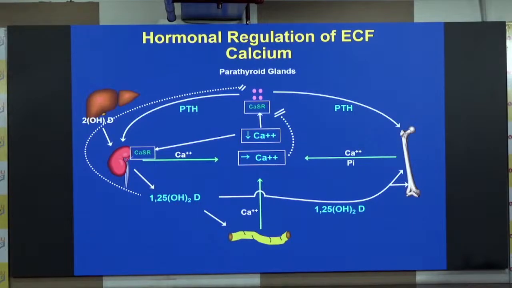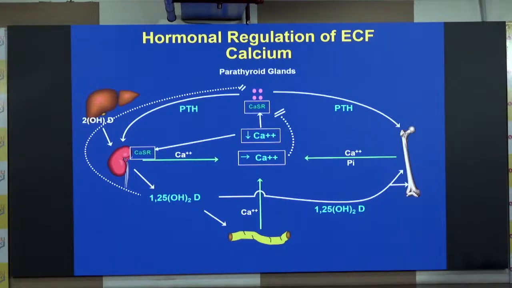In addition, parathyroid hormone itself will reabsorb calcium from the kidney, and importantly, parathyroid hormone will stimulate the precursor of the active form of vitamin D, which is 25-hydroxyvitamin D, to be converted to the active form 1,25-dihydroxyvitamin D. 1,25-dihydroxyvitamin D will then enhance absorption of calcium from the gut, and it will also resorb bone when it's present in high concentrations, releasing calcium.